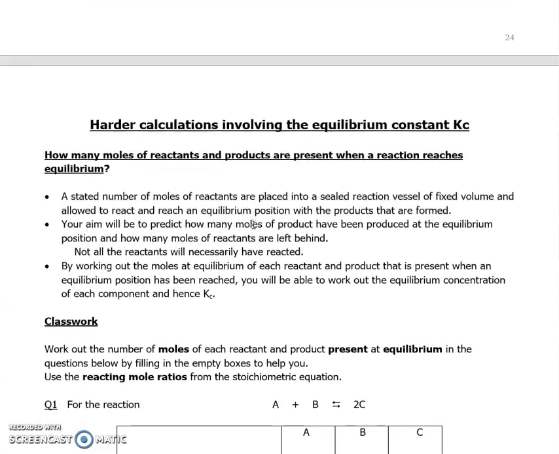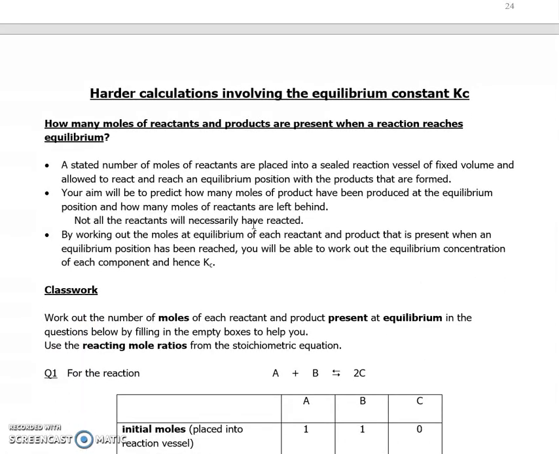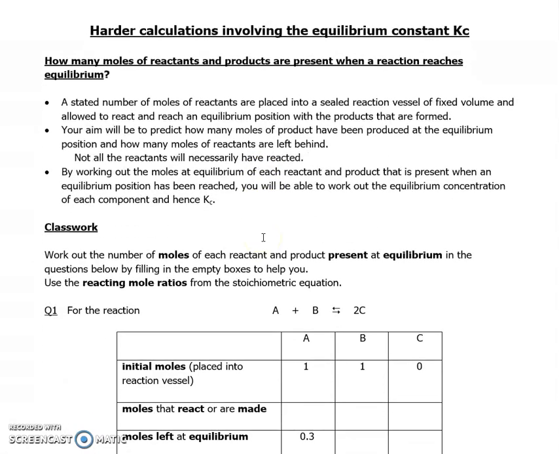The harder calculations are shown here, where you're given a starting number of moles of 1, 2 or 3 reactants, or substances, should I say. It could be the reactants, it could be the products, and then you're told how much of one of these is present at equilibrium.